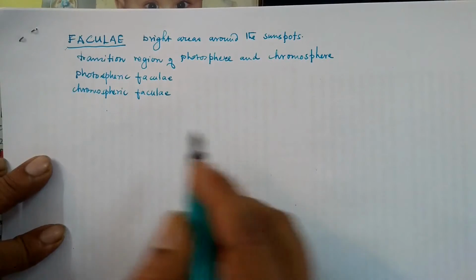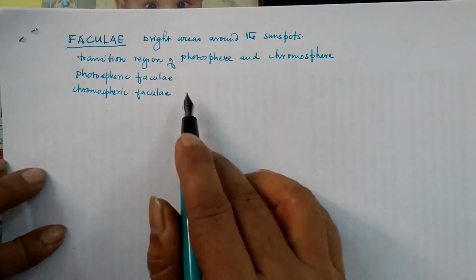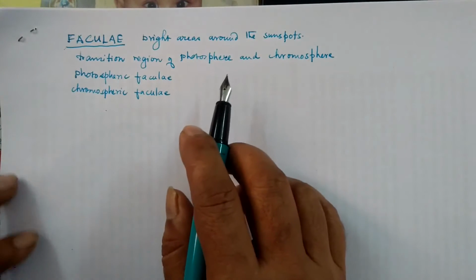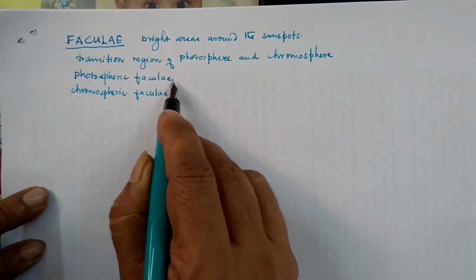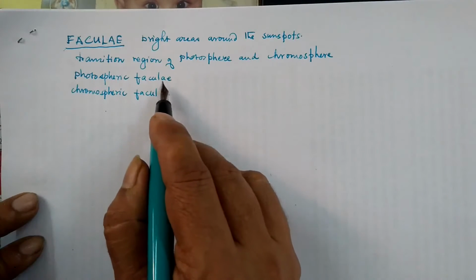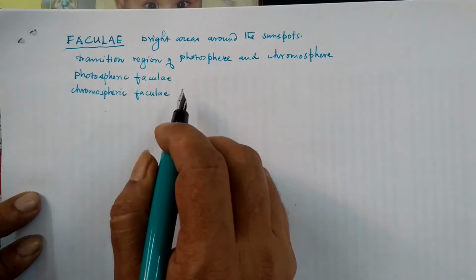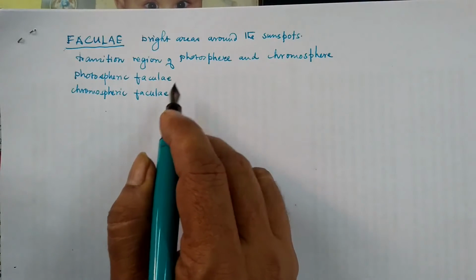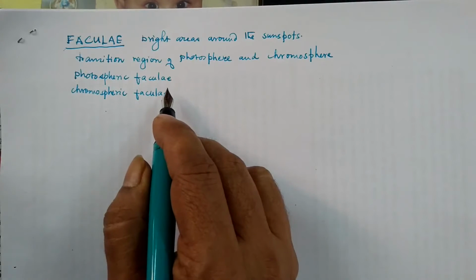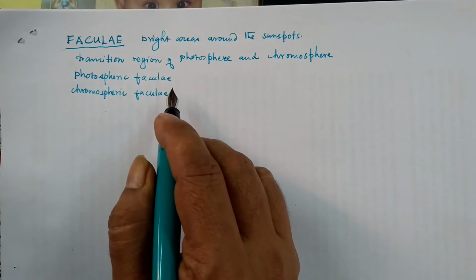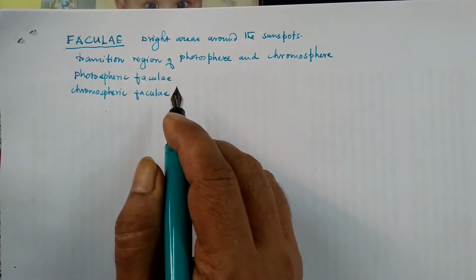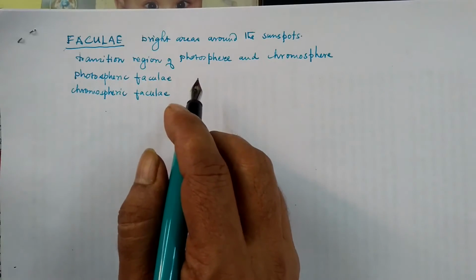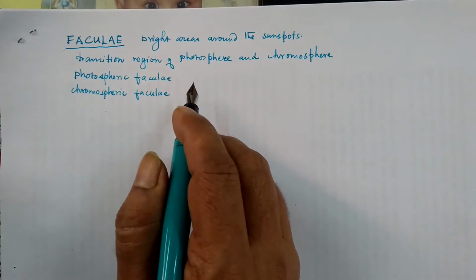Now these photospheric faculae are observed near the limb because these are not very bright. Just like we cannot see the stars in the morning sky, they lose contrast, and because of losing the contrast we cannot identify the stars, but the stars are there in the morning sky.